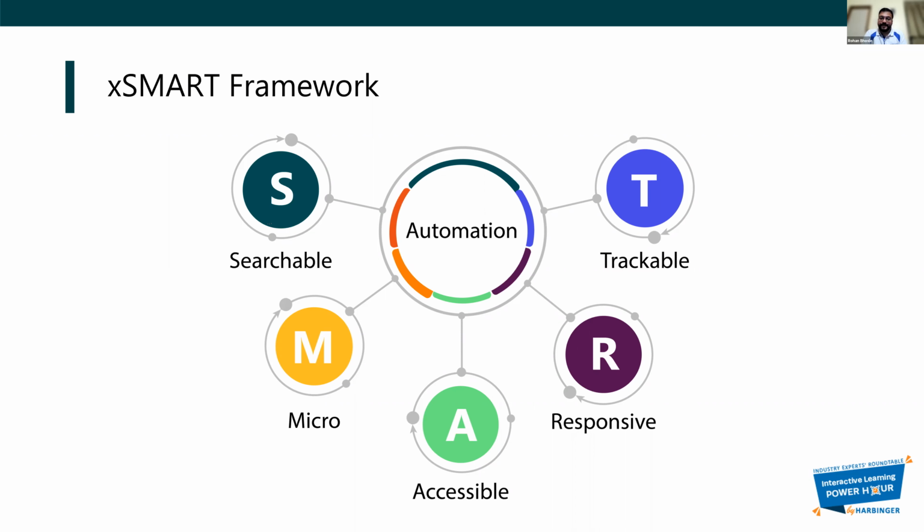Moving on to the next one is making courses accessible to ensure the content is available for everyone, even the differently abled audiences. This is, again, a good time to think about implementing accessibility standards like Section 508 or WCAG 2.0, 2.1, and other industry and geography-specific accessibility standards that are out there.